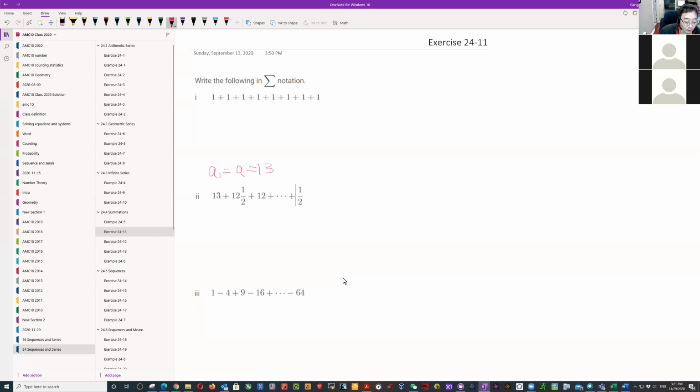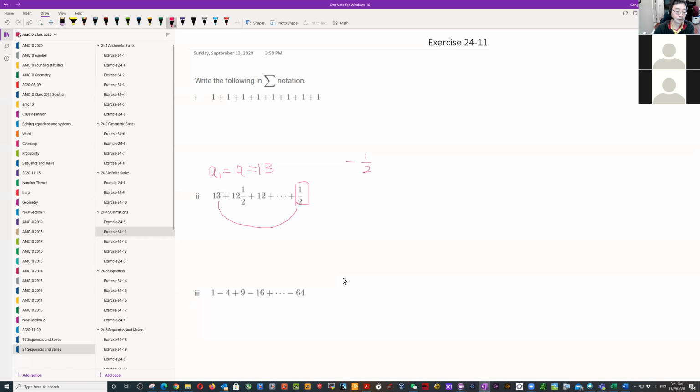And this is the last term. And the common difference is actually negative 1/2. So then we have to count how many terms we have in this series.